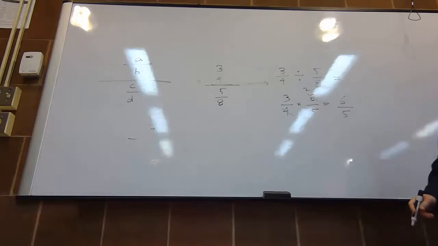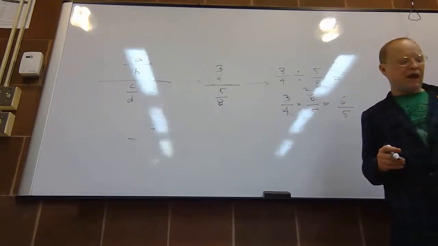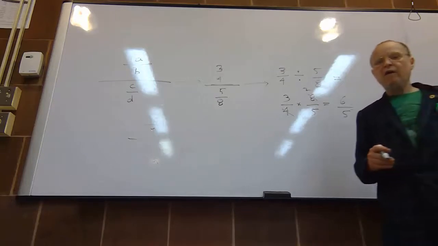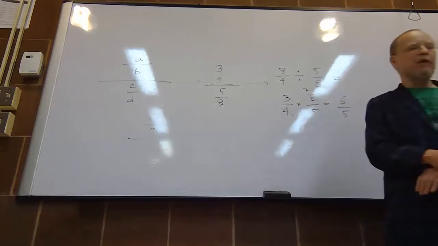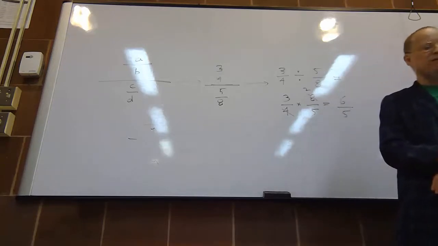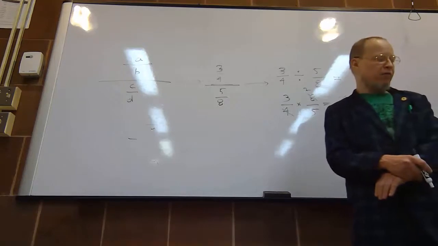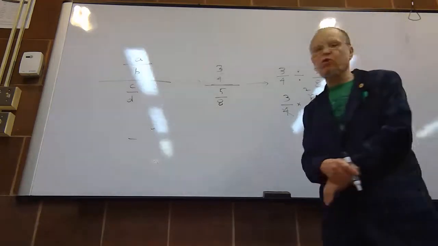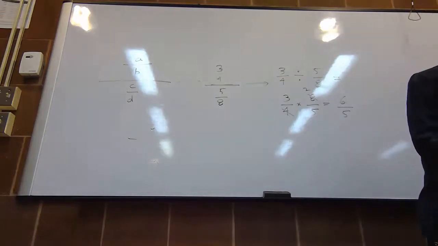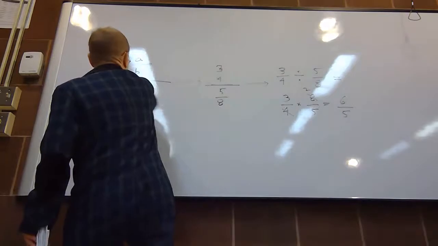So there are actually two methods that we could use. Both methods would work on any problem, but one method may work better on some problems and another method may work better on other problems. So we're going to look at example number 2 on either your PowerPoint or your workbook.